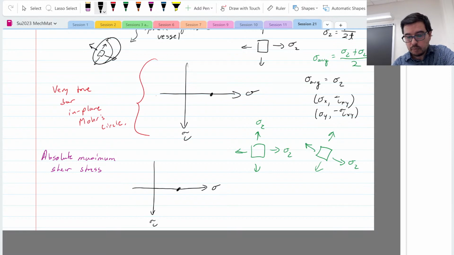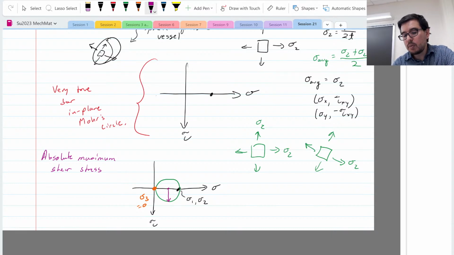But what we have is one additional circle that we draw, because this sigma 3 is equal to 0 right there. That's sigma 3, and this was sigma 1 and sigma 2 over here. So now if we look at the absolute maximum shear stress, we're looking at the radius of this circle.